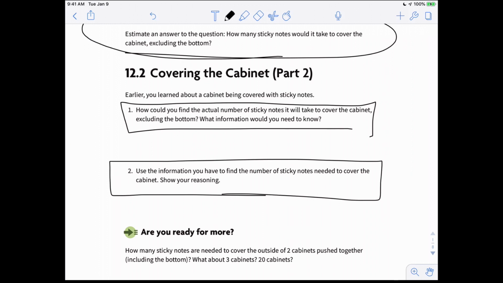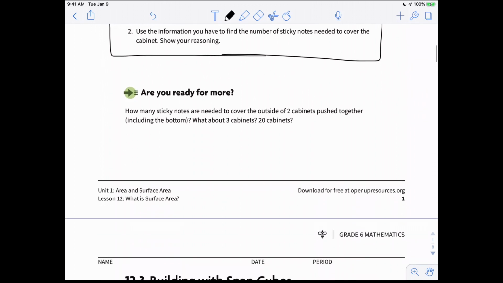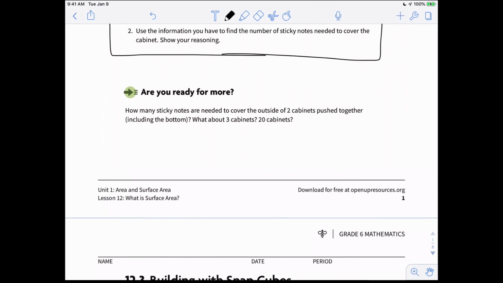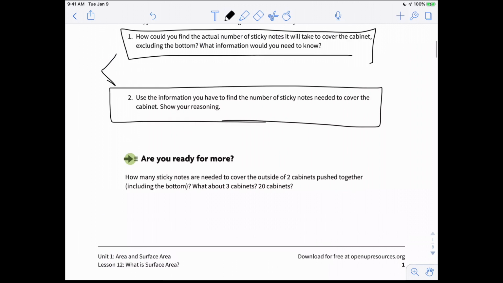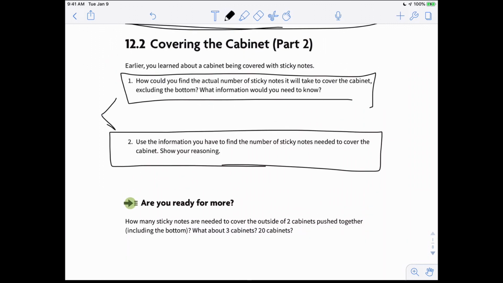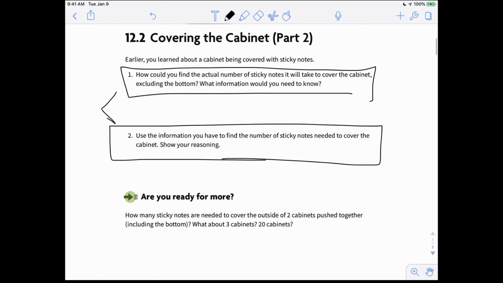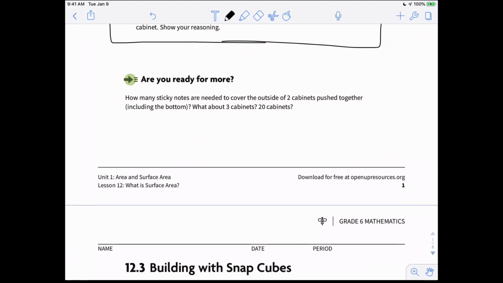How many Post-it notes does it take to cover the cabinet? And we're going to let students grapple with this as they work on developing an understanding of surface area. Getting the right answer of how many Post-its is not the important part. It's really developing an understanding of what surface area means.